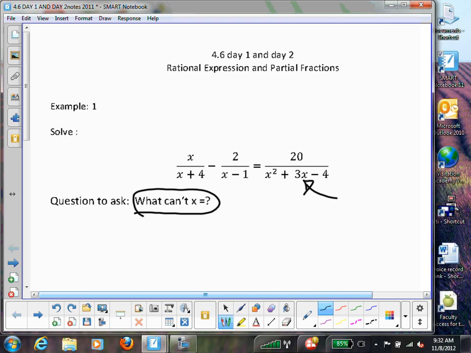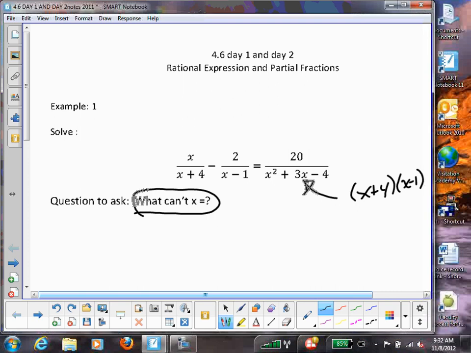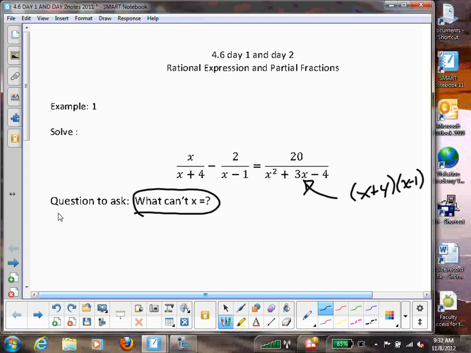So this one's going to be factored into x plus 4 and x minus 1. When we look at our denominators, we have an x plus 4 or an x minus 1 across the board, correct? That tells me that x cannot equal what values?